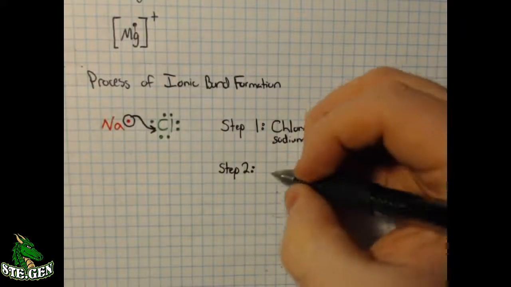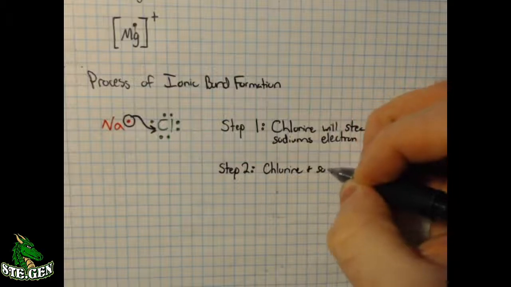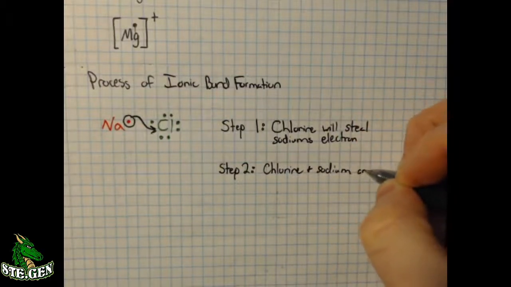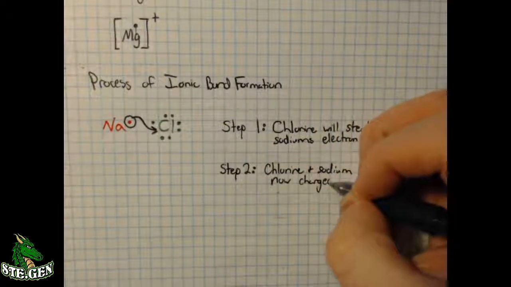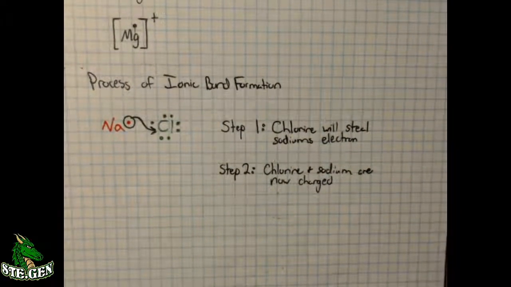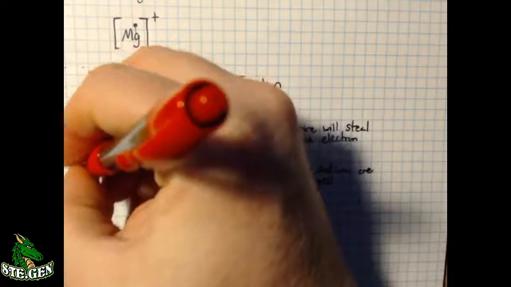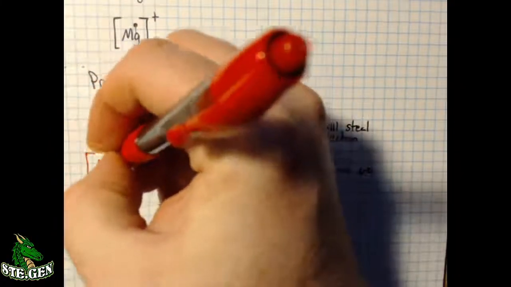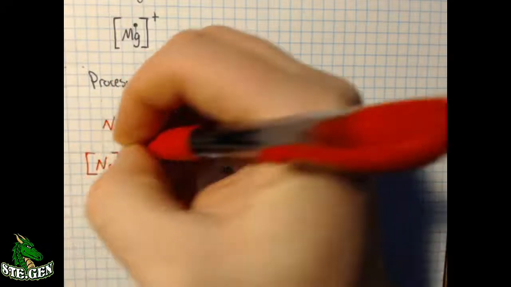Step 2. Chlorine and sodium are now charged. So I now have a bracket. Sodium has lost 1 electron, so it has a positive charge.